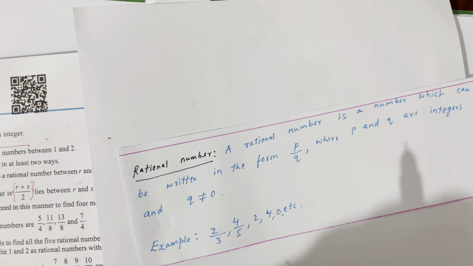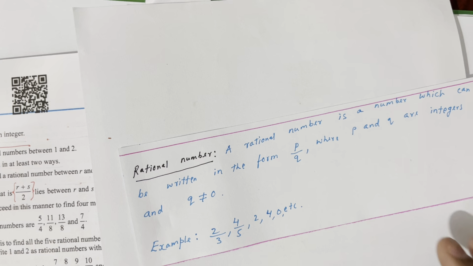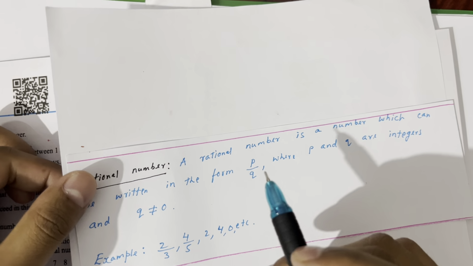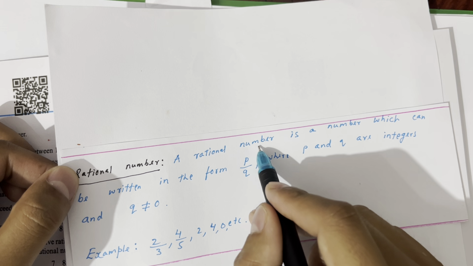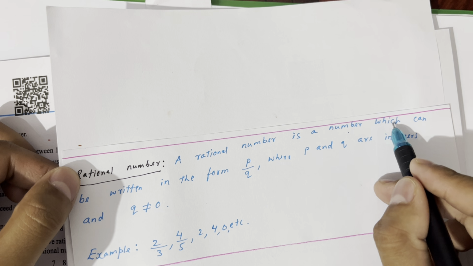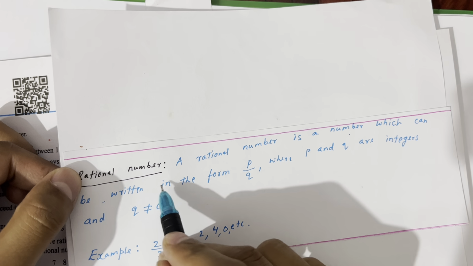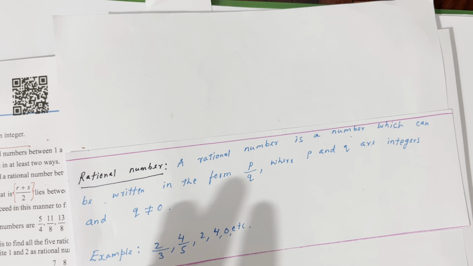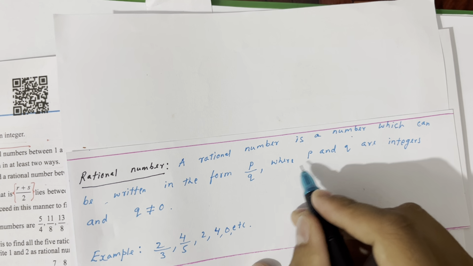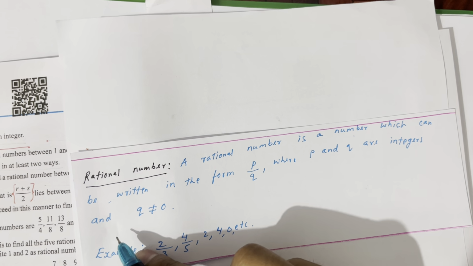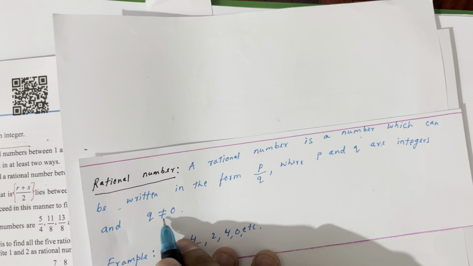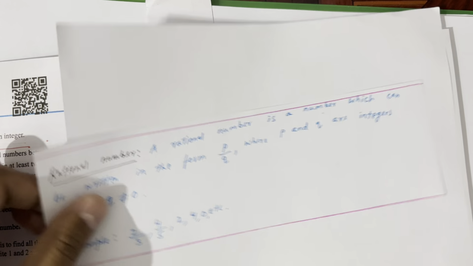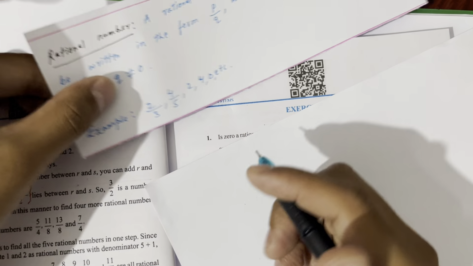A rational number is a number which can be written in the form p by q, where p and q are integers and q is not equal to 0.